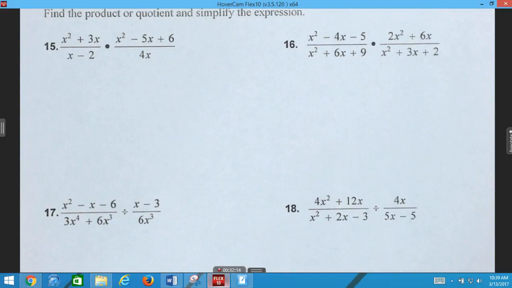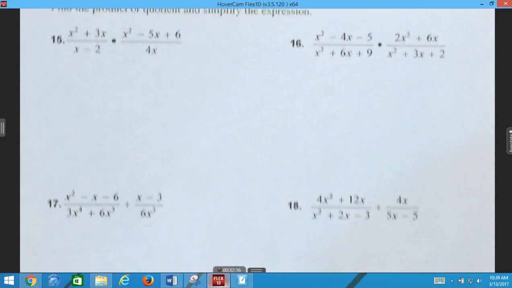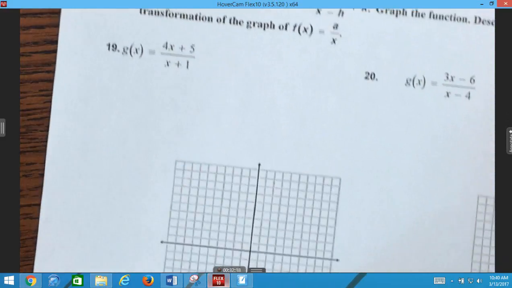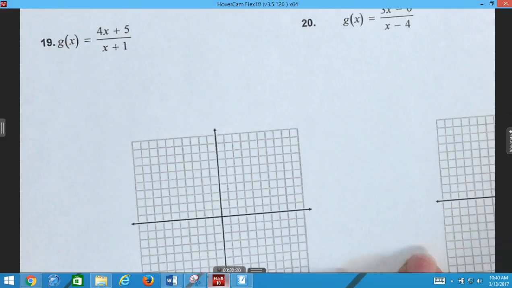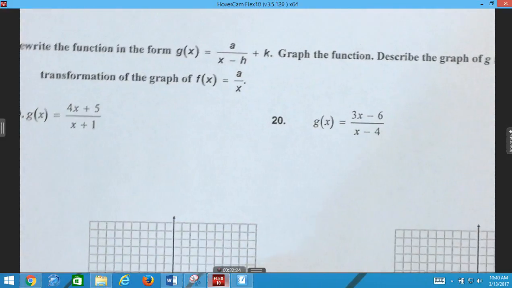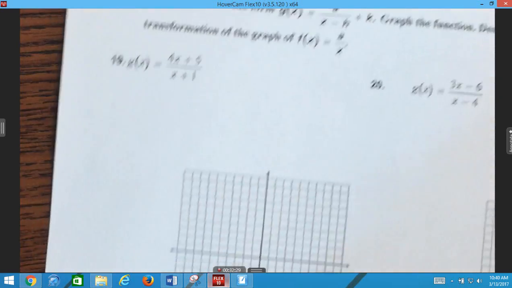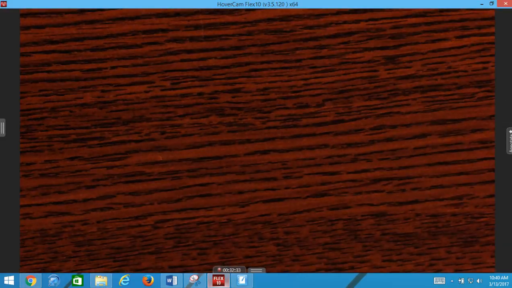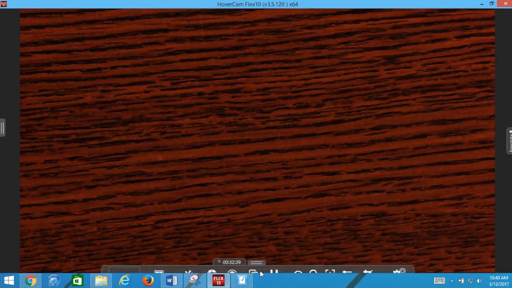You could start with this part first if you wanted to. At the very bottom is a review over the graphing with the asymptotes. You may need to pull your notes back out if you've forgotten some things, but we will have a test over this entire chapter, and it'll be over this stuff too. So just because we took the exam with it on there doesn't mean you'll never see it again. So it will be on your test that will be coming up.